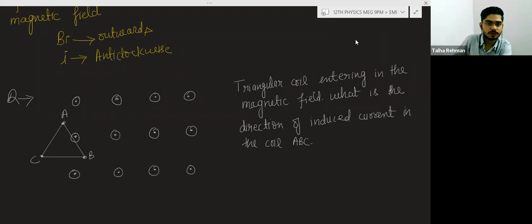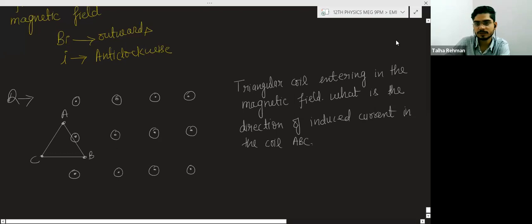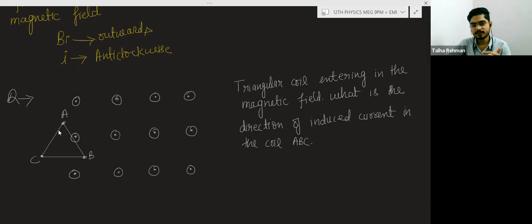So now you have to find the direction of the induced current in the given coil. As this coil is entering the magnetic field, the magnetic flux linked with this coil will increase. Okay. So current will be induced in this coil in such a way that the current will try to decrease the magnetic flux.